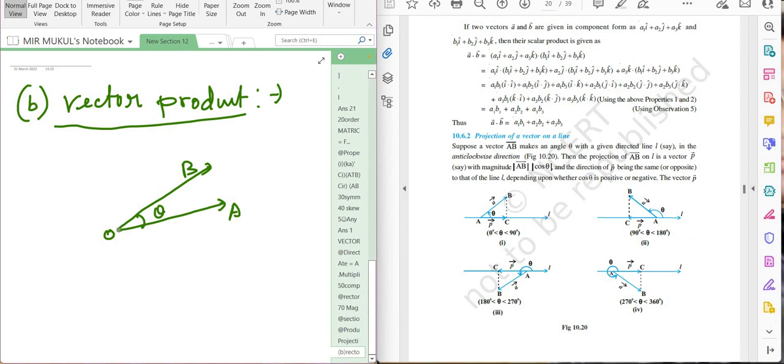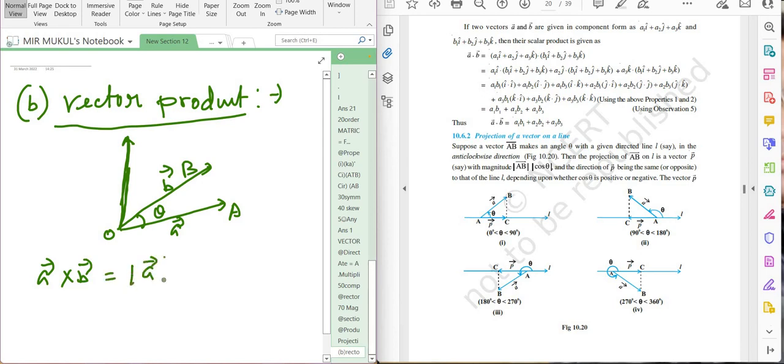Their cross product represents a vector perpendicular to the plane containing vector A and vector B. So A cross B equals magnitude of A, magnitude of B, sin theta n cap, where n cap is the unit vector, because the cross product or vector product is a vector quantity.